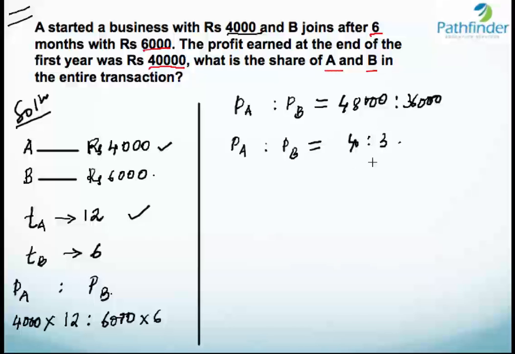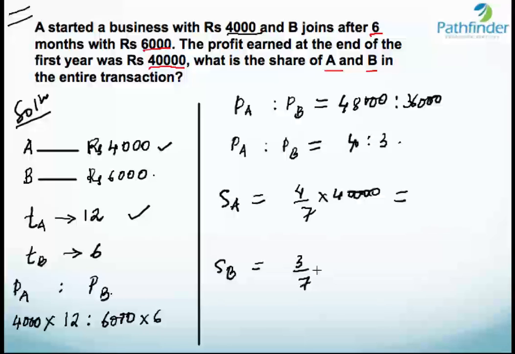Now, once we have the profit ratio, we can easily find the share of A and B. Share of A can be calculated as 4 upon 7 because the ratio is 4 is to 3. So 4 by 7 into 40,000 will be the share of A, and share of B will be 3 by 7 into 40,000.